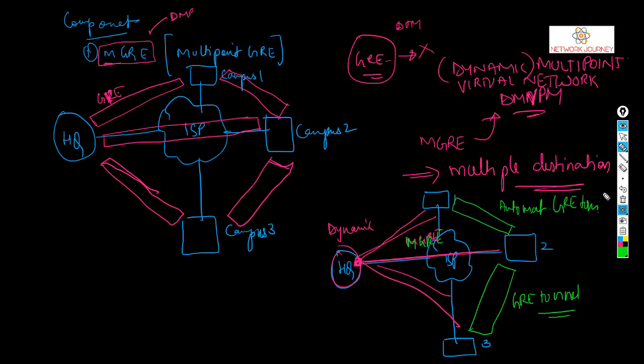Okay, now in terms of MGRE, there can be one issue. Let's say this is my headquarter connecting to the ISP, and then I have 2 branch offices.